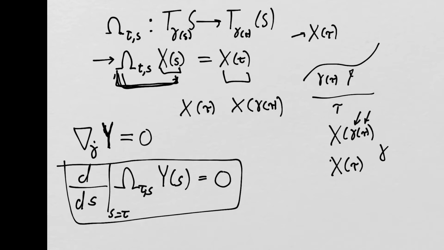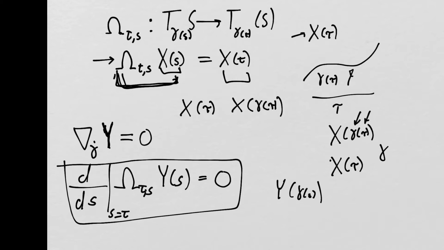So trying to understand what this is, the derivative with respect to s. Well, this is an autoparallel field, and s is the parameter value that defines the place on the curve. So of course this could be y of gamma of s, right?